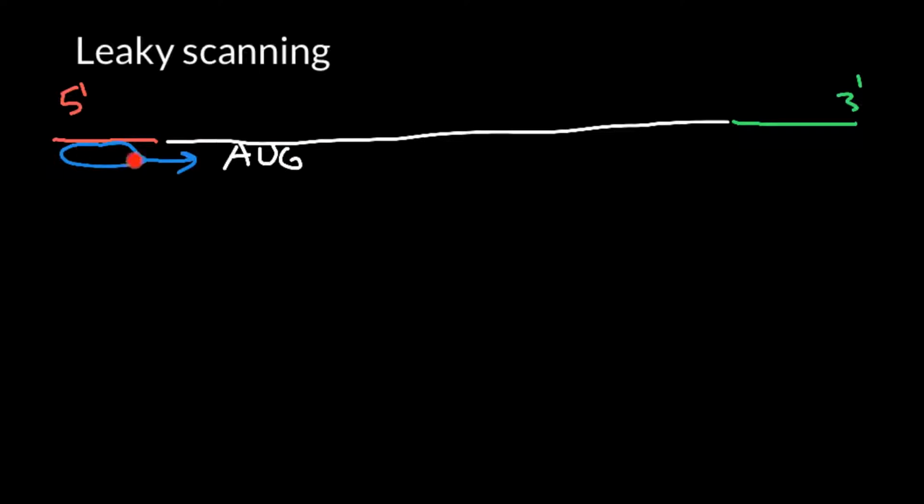So when this small ribosomal subunit would reach this sequence, it would stop and the ribosomal complex would be assembled. So once again, here is going to be the small ribosomal subunit, and how would this small ribosomal subunit recognize this sequence? Once again, this sequence is just going to be a part of the Kozak sequence, so it's much bigger.